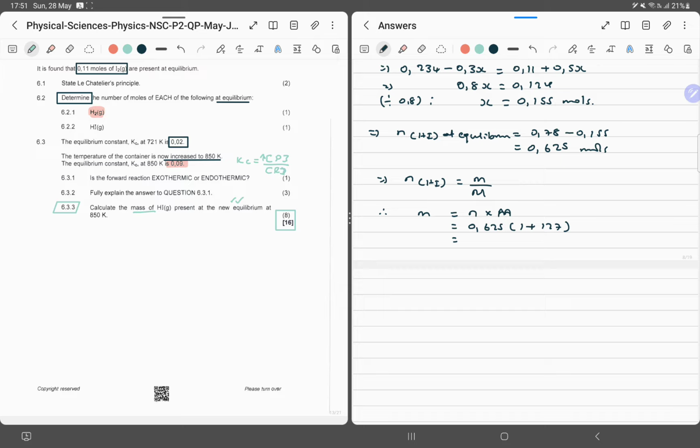Right, you've worked with iodine so much that you need to know it by heart, okay? In fact, that is just 128. So this gives us 80 grams. Wow, that's a lot. That's quite a lot.